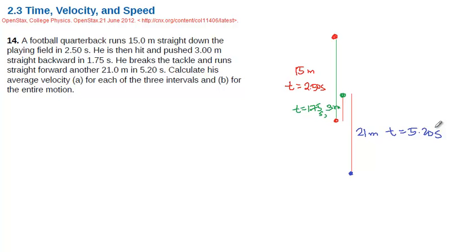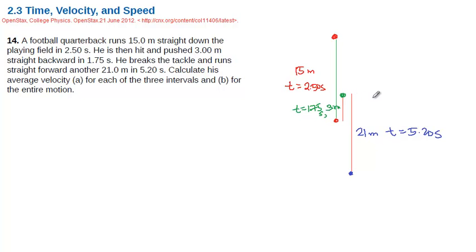Let us recap the movement. The quarterback is moving down the field for 15 meters in 2.50 seconds, but he was hit and pushed back 3 meters in 1.75 seconds.